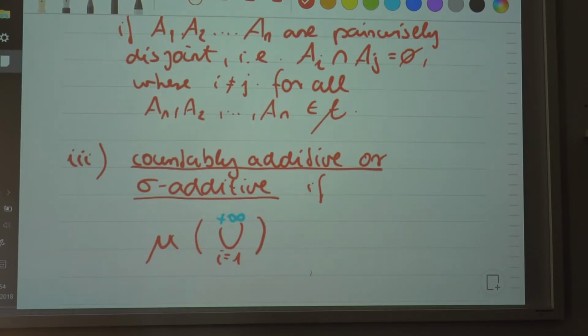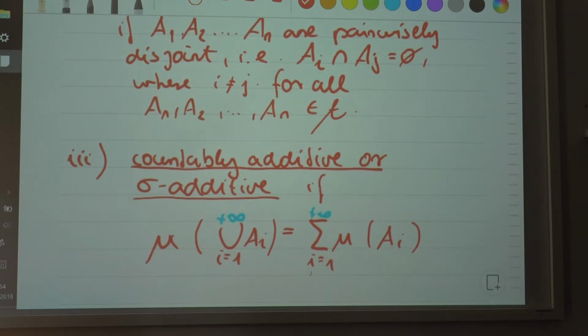The image of the countable union of these pairwise disjoint sets must be equal to the countable sum of the images of these sets. So this is what it means.